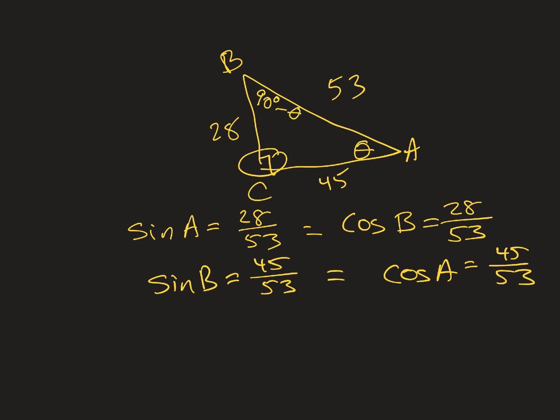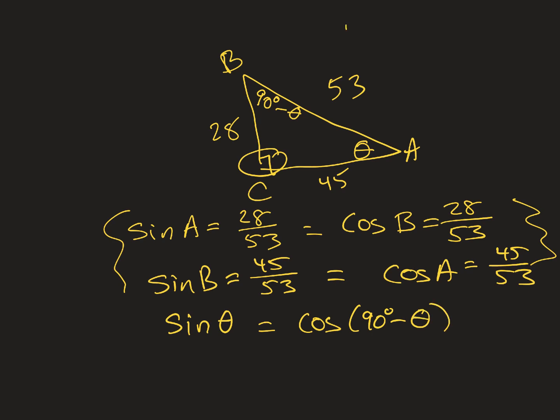So given that, and given what we saw in this problem, we can get at our cofunction identities, which is that sine of an angle is the same as cosine of 90 minus the angle.